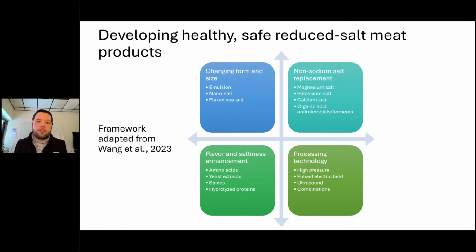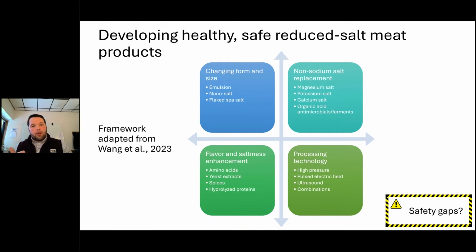And here's some alternatives to develop a healthy, safe, reduced salt meat product. Changing the form and the size of the salt, utilizing salt replacers, utilizing flavor and saltiness enhancement ingredients, as well as emergent processing technologies. Again, as we talk about these, think about if any safety gaps may appear if we remove salt from the equation.